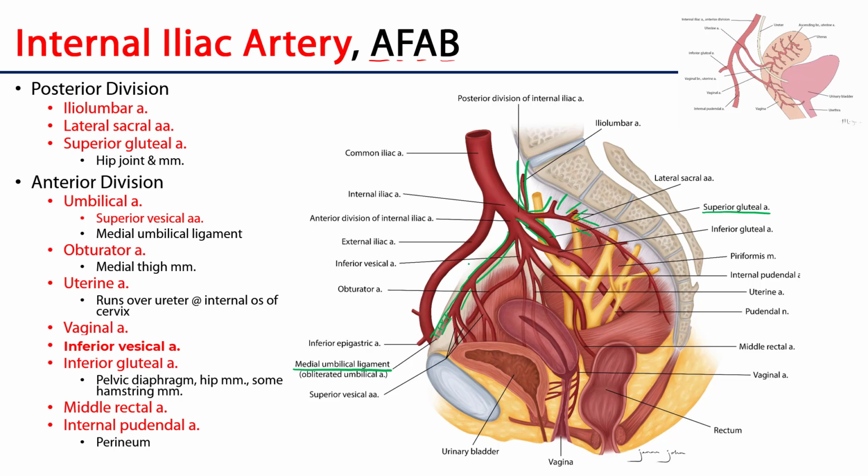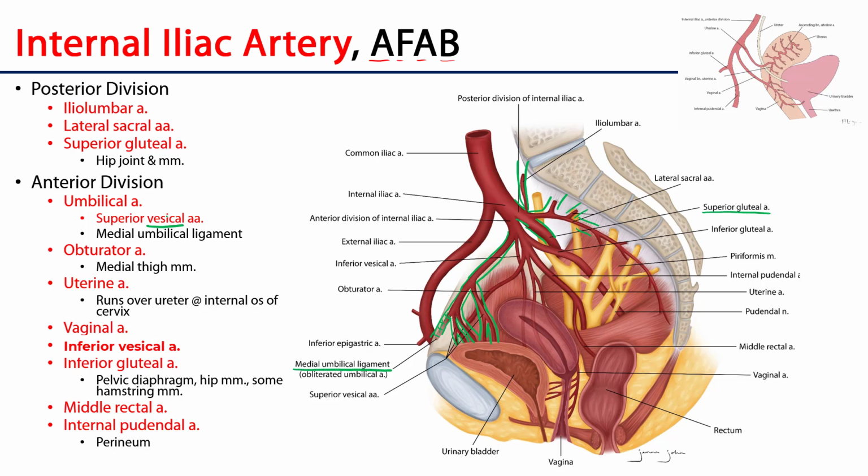Now, in the adult, this artery is significant because there are branches of it that descend down into and serve the urinary bladder. We call these superior vesicle arteries. So when you see vesicle, I want you to think urinary bladder.